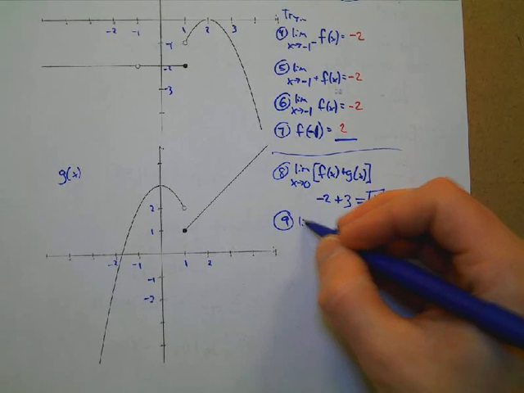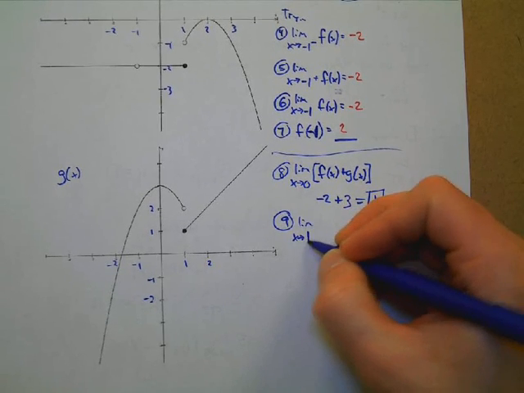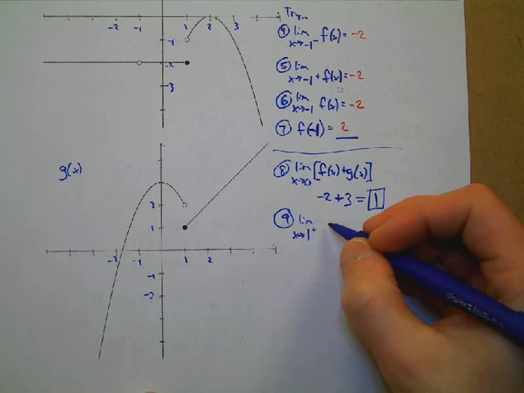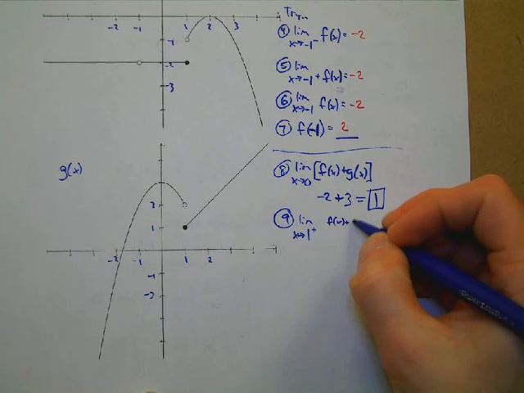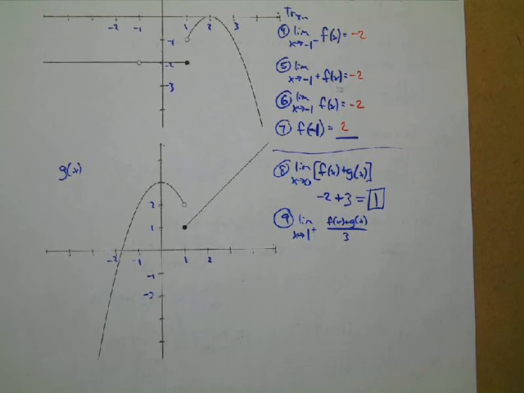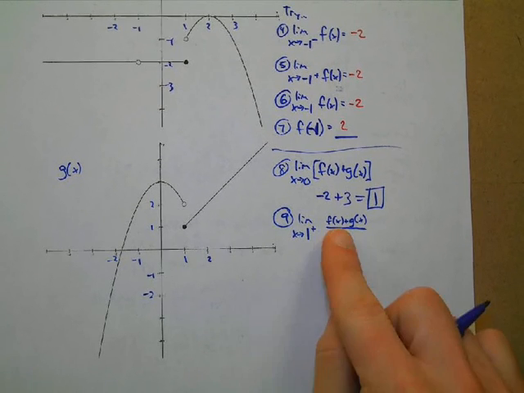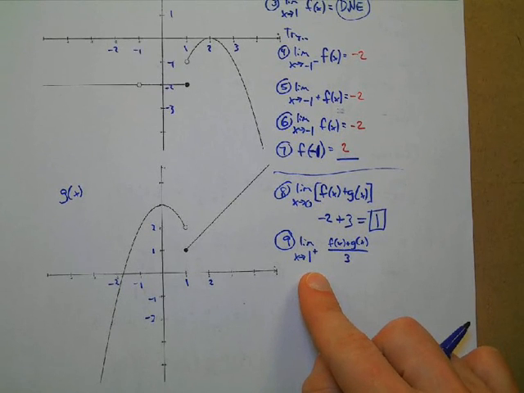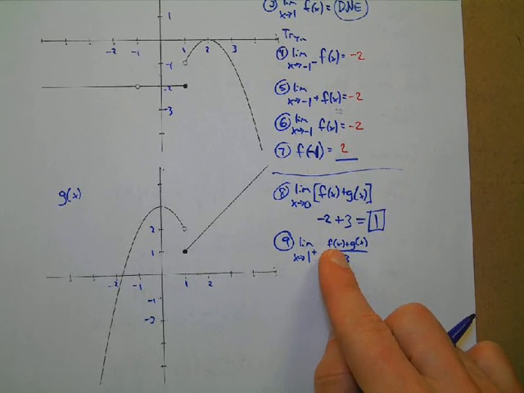So what's the limit of f as x approaches 1 from the right? -1. And then g of x as we approach 1 from the right? 1, right? As we approach x value of 1 from the right, we're approaching a value of 1. And -1 plus 1 is 0, so dividing that by 3 is still just 0.